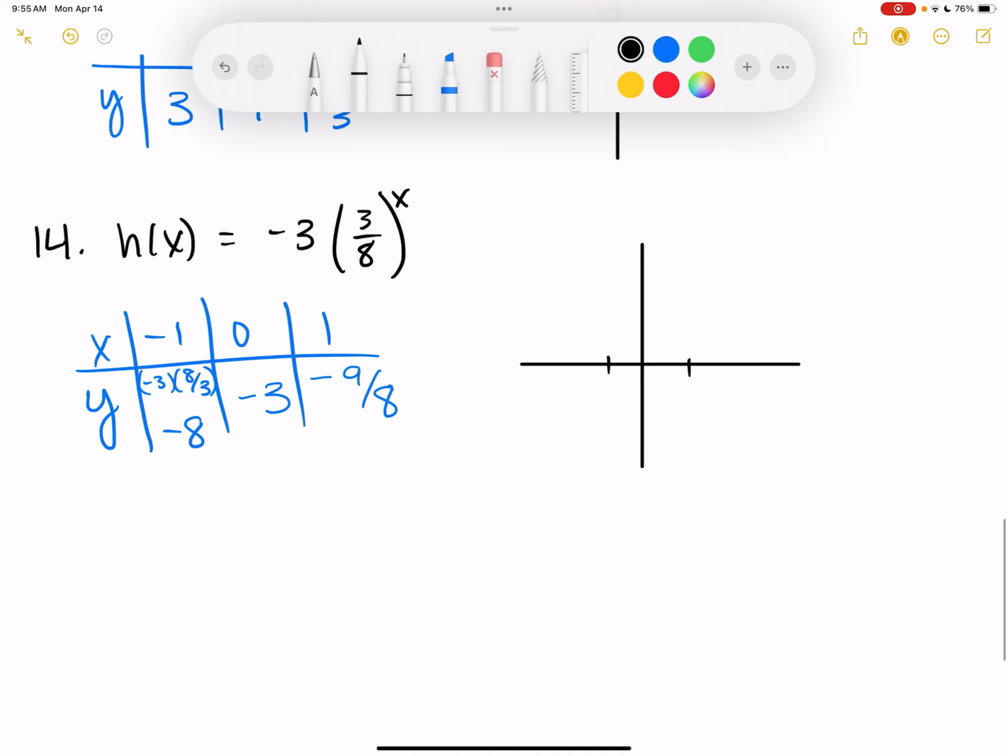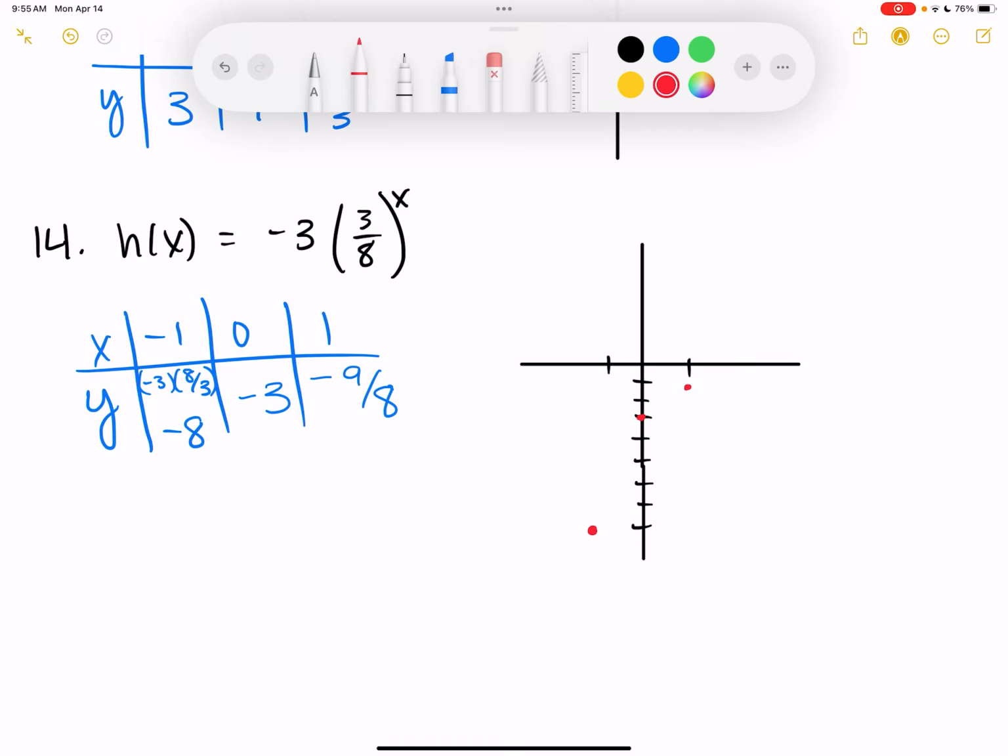Notice this one's a negative number, so I actually need to go down on the bottom this time. So at -1, it's -8. At 0, it's -3. At 1, it's -9/8, so just a little bit bigger than 1.